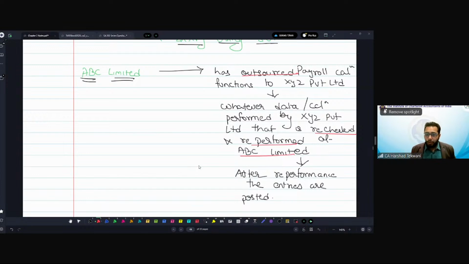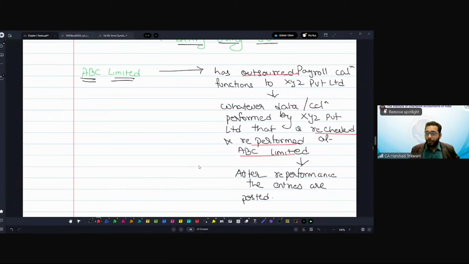For example, payroll. They have some controls at XYZ Private Limited: someone will prepare the payroll data and someone will check. Maker checker control. Now, if that same maker checker control is being implemented at ABC Limited, then I would rely on the control which is there in ABC rather than relying on the control which is there at the third party.